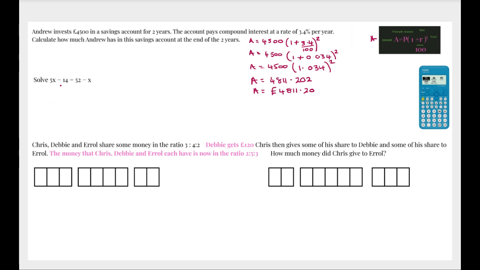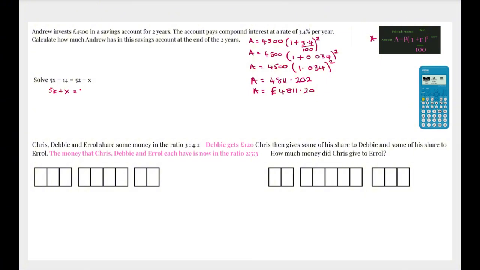Next one, solve 5x minus 14 equals 5 to the power of 2, should that be? No, it's 52. Sorry, I thought it was a power of 2 and I'd misput it. So let's get to it. Let's get all our x's on its own. So I'm going to do 5x, I'm taking that over the equal sign, which gives me plus x.